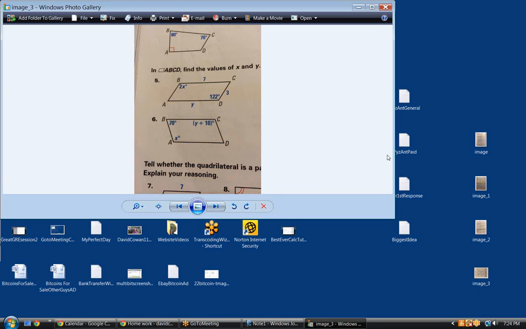There you go. I can't read 7. I didn't want to get 7, I was just getting 5 and 6. Okay. Let's see if I can find any interesting ones.